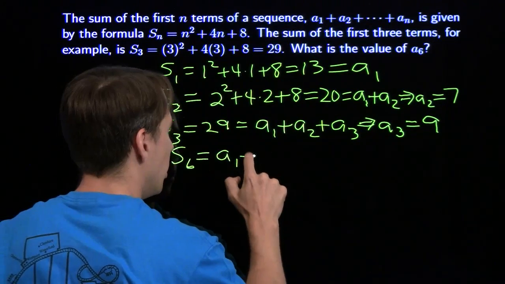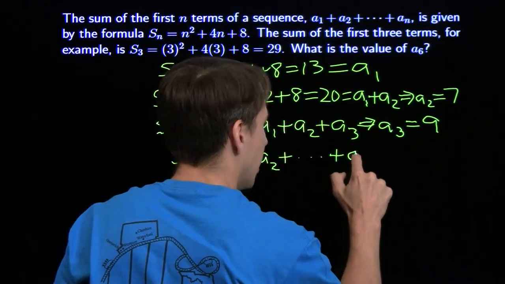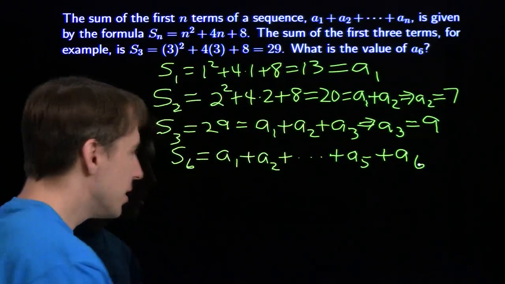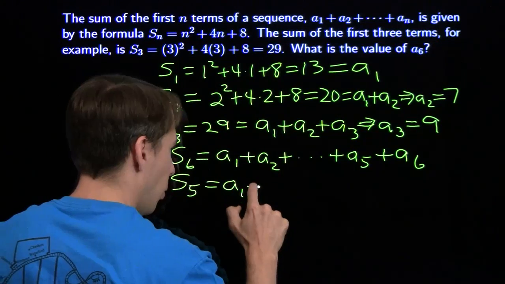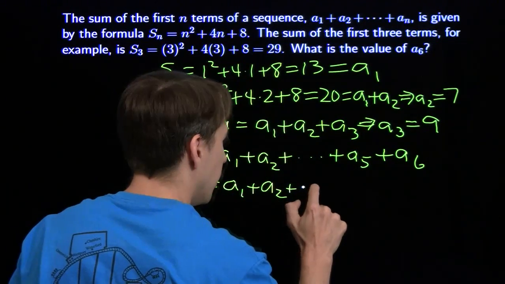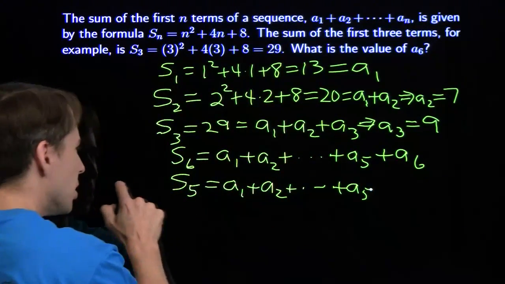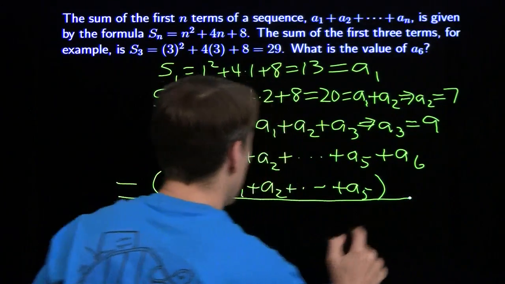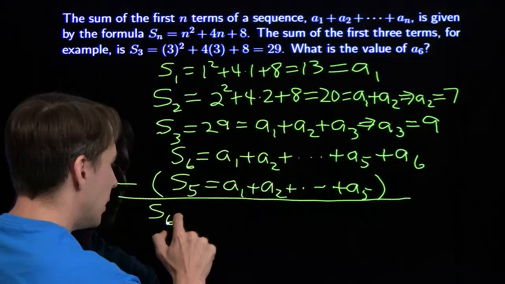That's A1 plus A2 plus on and on and on, A5 and then A6. We're going to compare that to S5, which is just A1 plus A2 on and on and on up to A5. And then we're just going to subtract. S6 minus S5. That's what we'll get over here.